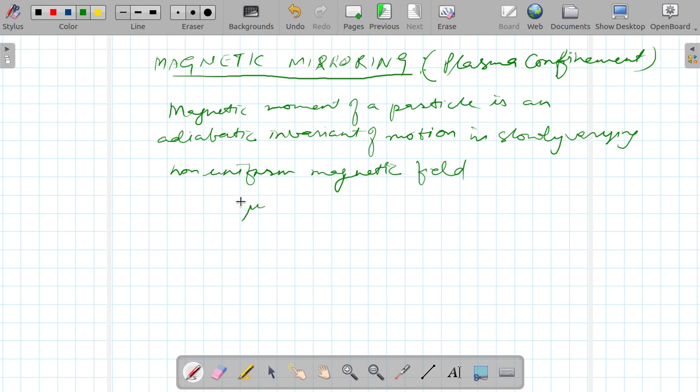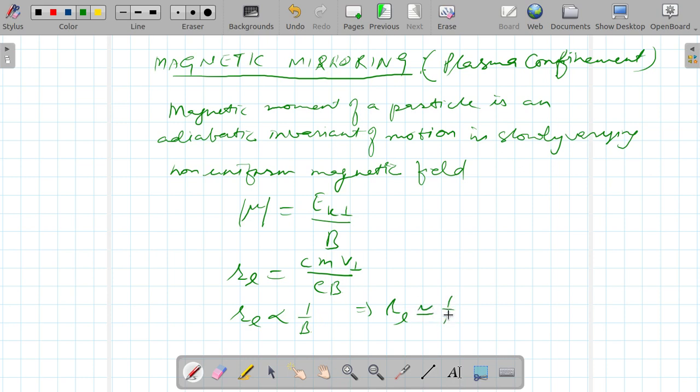Also, we found that this magnetic moment, its magnitude is nothing but equal to this, and also we found that this RL is the Larmor radius. It is c m v perpendicular over q B, and from here we conclude that it is inversely proportional to B, or we can say that it is nearly equal to 1 over B.